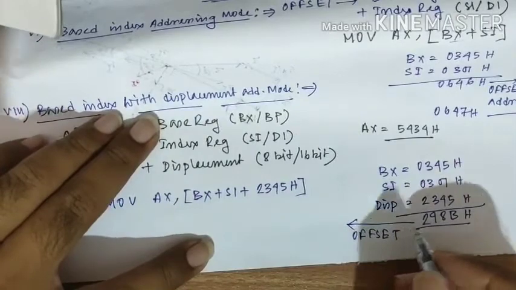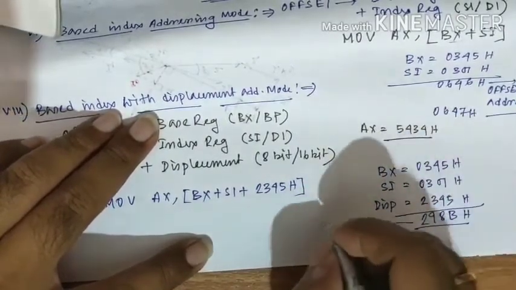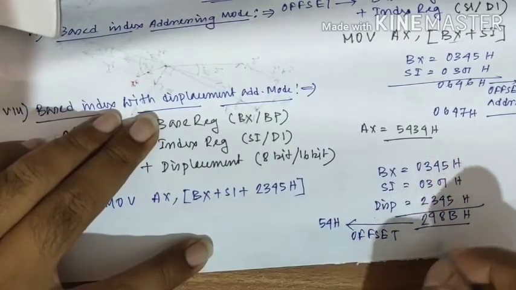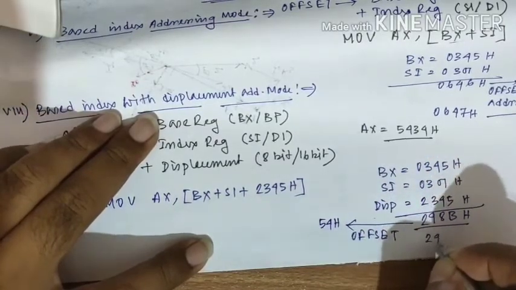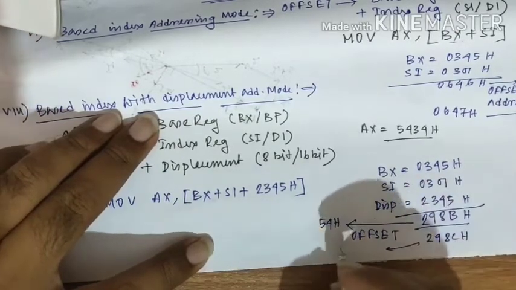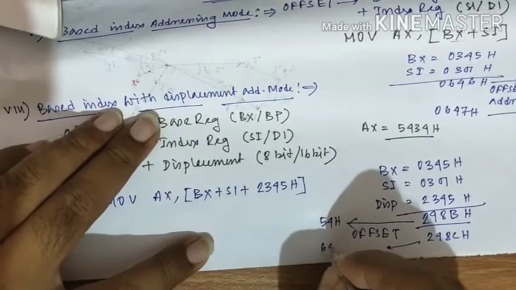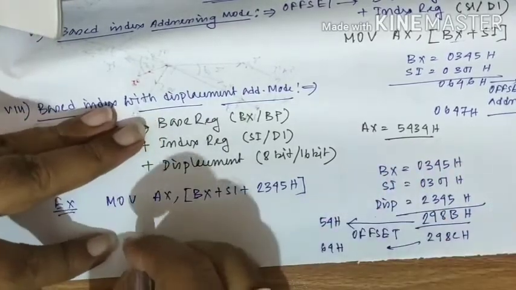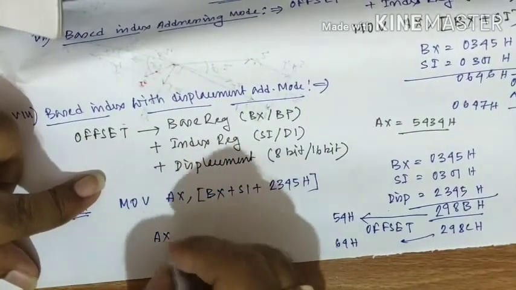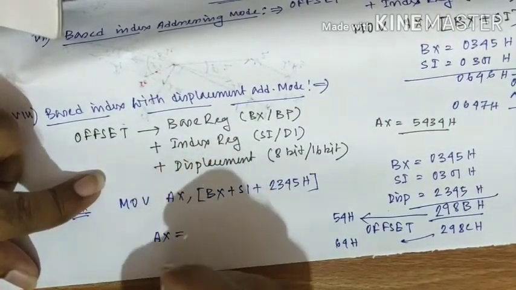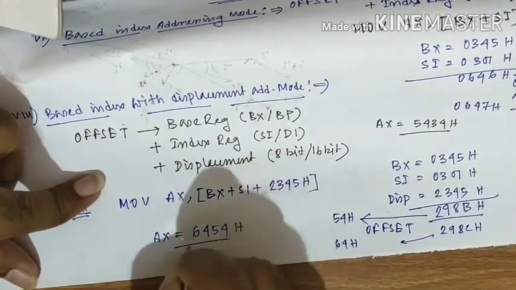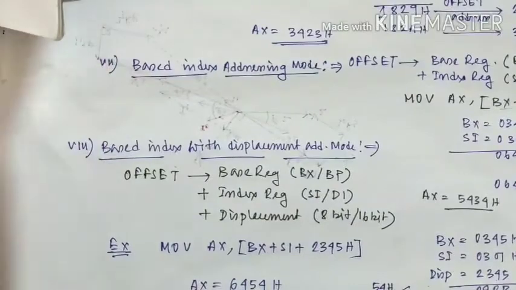From this offset address I will get 8-bit data, maybe 54 hex, and from the next location I will get another 8-bit value, that can be 64 hex. So what is the value of AX right now? AX will be 6454 hex.